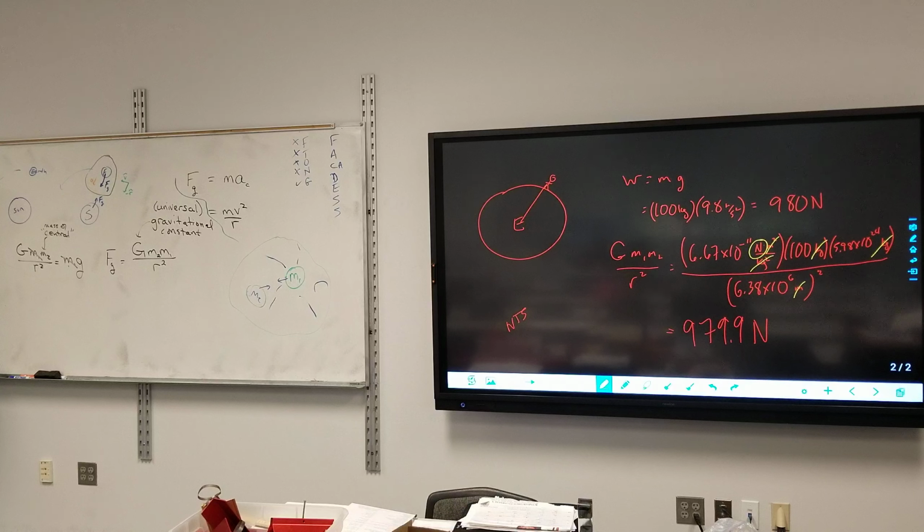We can figure it out. 6.67 times 10 to the negative 11 times the mass of the Earth, 5.98 times 10 to the 24, divided by R, which would be 6.38 times 10 to the 6th, plus 100 kilometers, which is 1 times 10 to the 5th, squared.